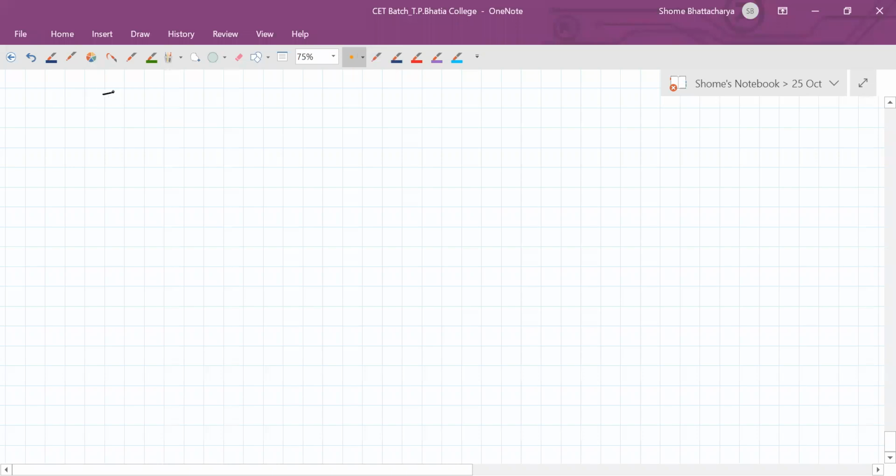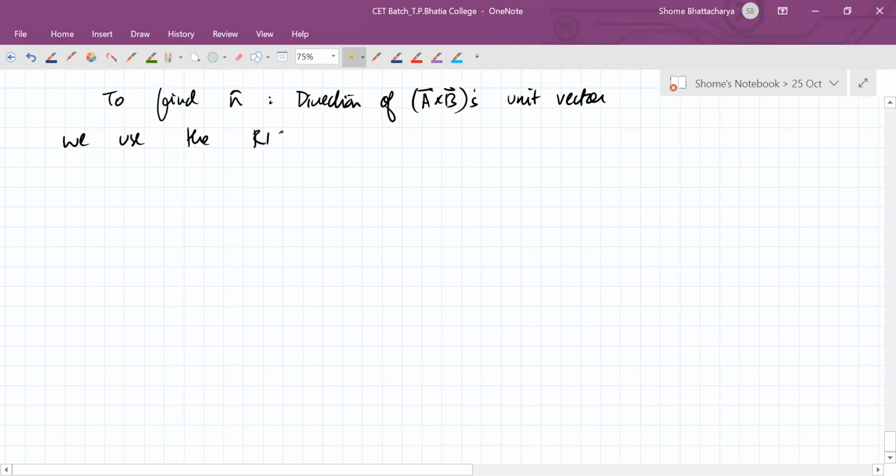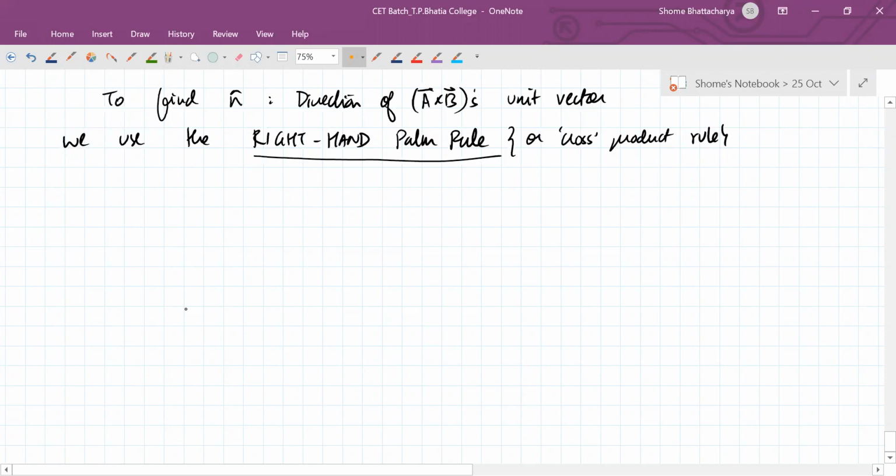To find n cap, that is the direction of A cross B's unit vector, we use the right hand palm rule, or cross product rule. Okay. So let's understand how this works.